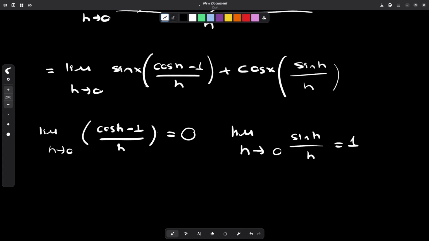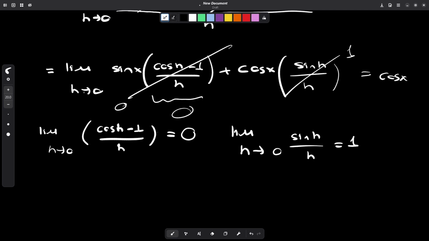By these two special limits, this part is 0. So clearly this part is gone, which is equal to 0. This is 1, and cosine x times 1 is cosine x. Don't forget the variable is h, so I don't plug the 0 in for x. With this, I showed that the derivative of sine x is equal to cosine x.